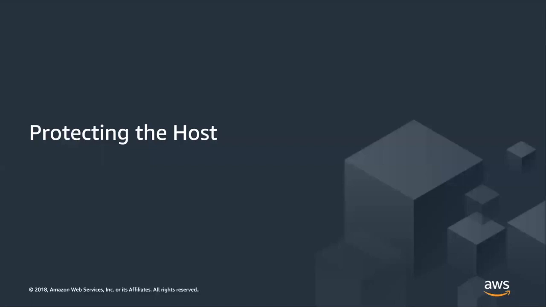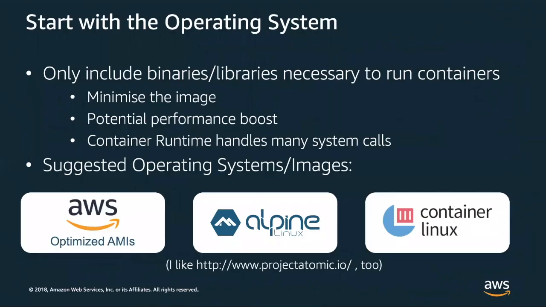So if we get below the containers themselves and look at what you should do to protect your operating system, everything that you do to protect a traditional operating system environment in a cloud applies. But in container space, obviously you want to be running minimal images that only have the capabilities to stand up and run your containers.